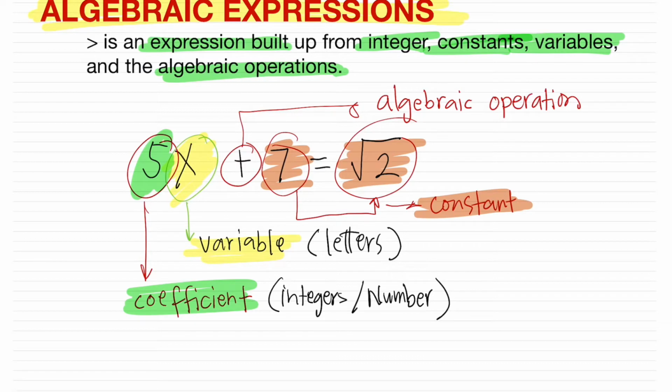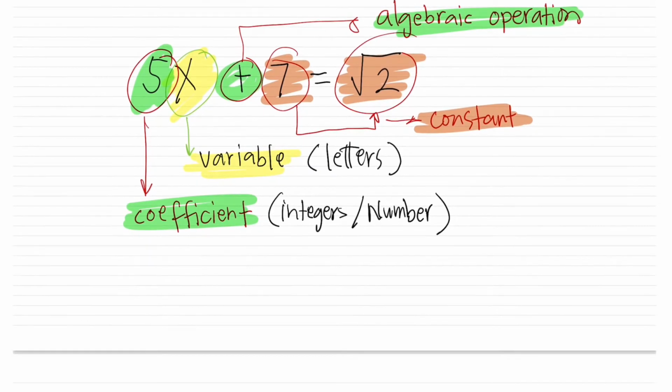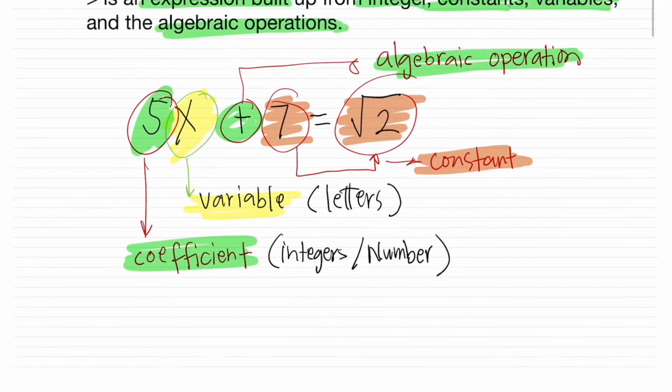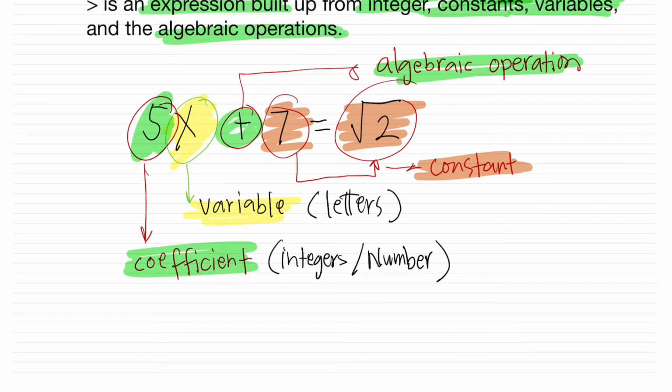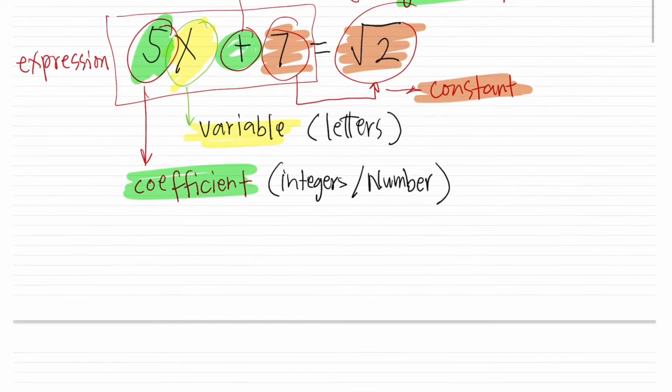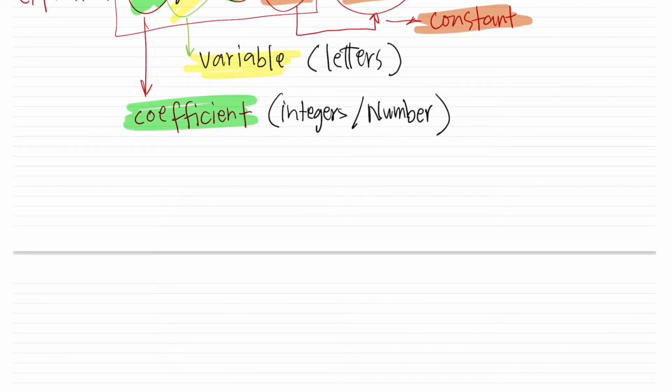And of course, this one in the middle is what we call our algebraic operations. So these are the things that make up our algebraic expression. This one here is called our expression. So these are the things that you can find when we do algebraic expressions.